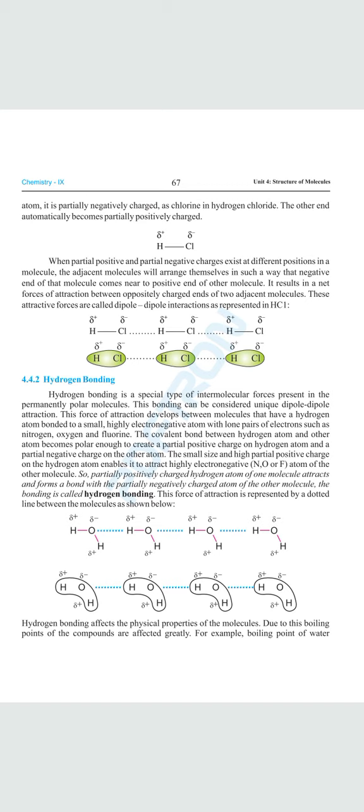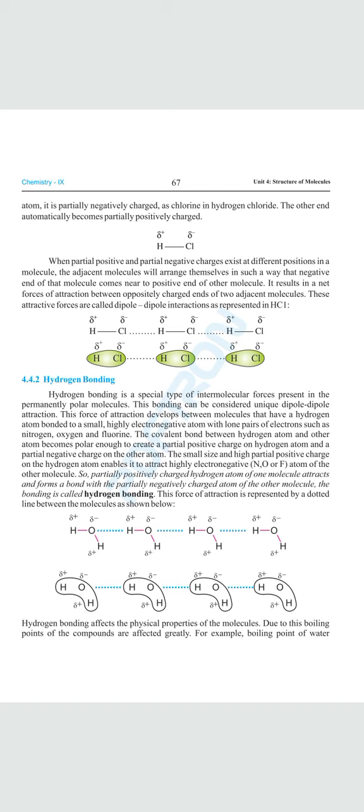For example, in hydrogen chloride, chlorine is partially negative because it holds the shared pair of electrons. The other end automatically becomes partially positive, because if one end is partially negative, obviously the other end would be partially positive.